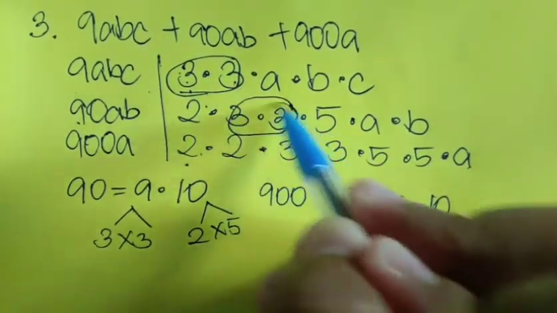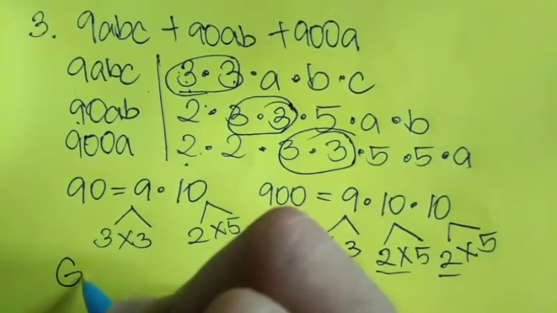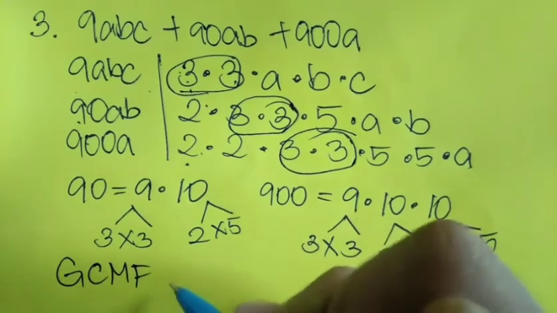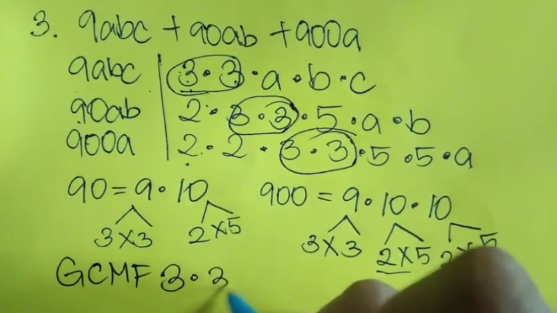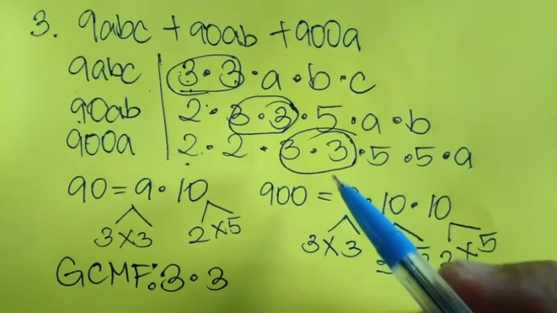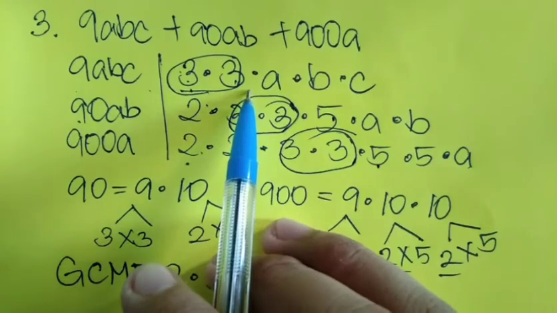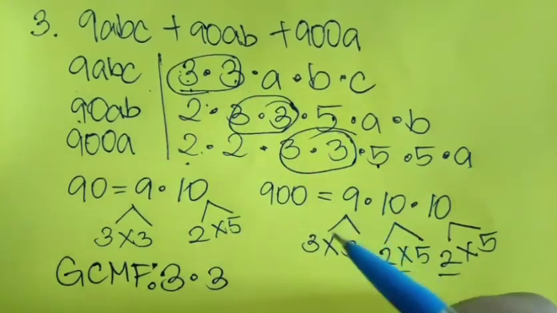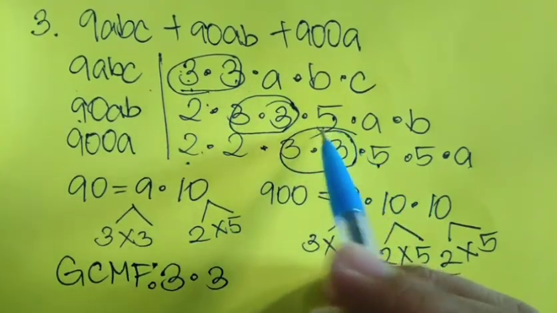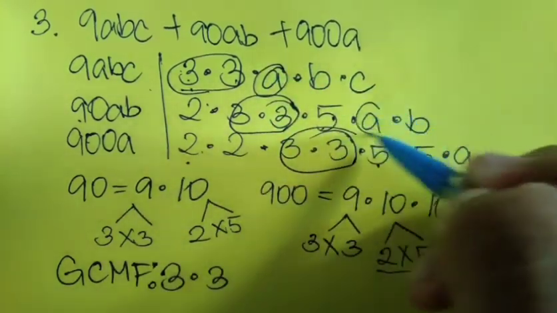Dalawa, and dalawa dito sa pangatlo, which means the GCMF has 3 times 3 as its factor. How about 5? Meron ding 5 tong dalawa, kaso wala si 9ABC ng 5, which means hindi kasama yung 5 sa GCMF.